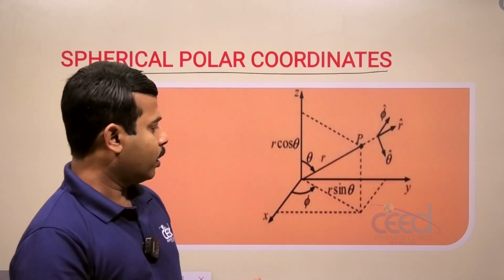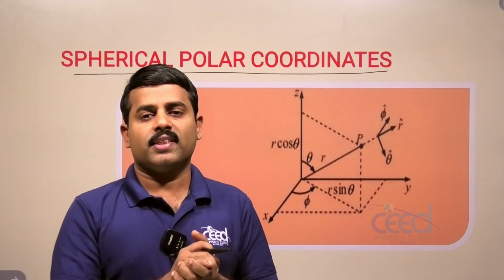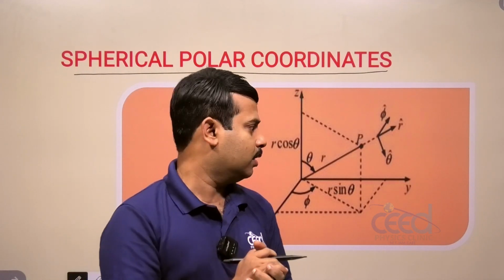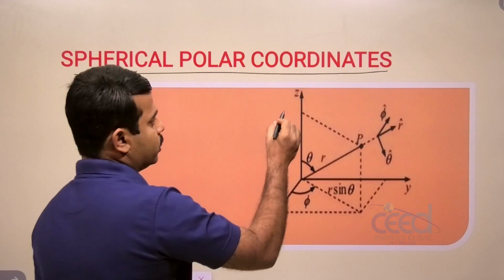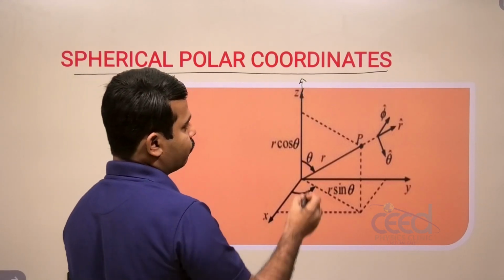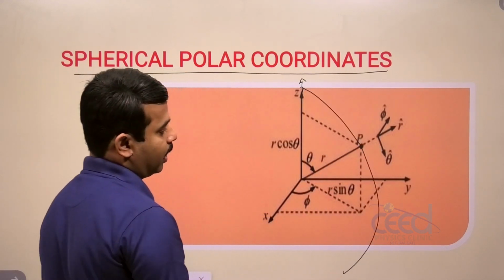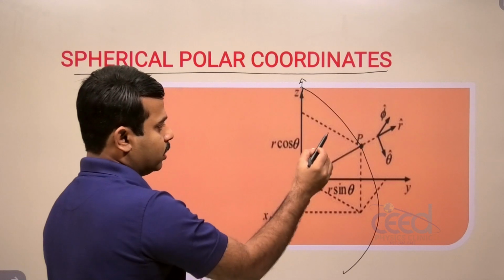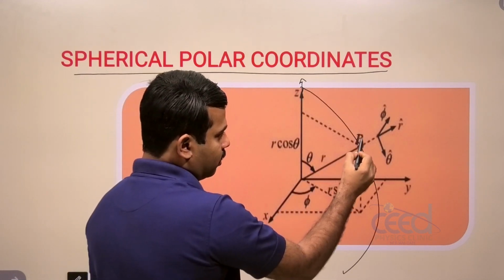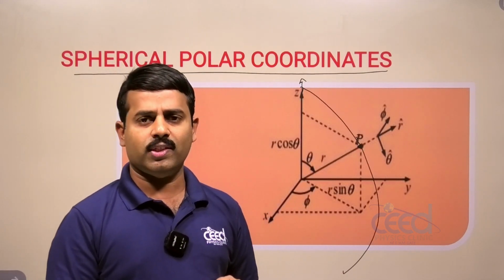Similarly, to represent a point in the spherical polar coordinate system, how many coordinates do we require? Suppose this is the axis of the sphere, and for the time being I am representing a sphere like this. Suppose this point P is on the surface of the sphere.